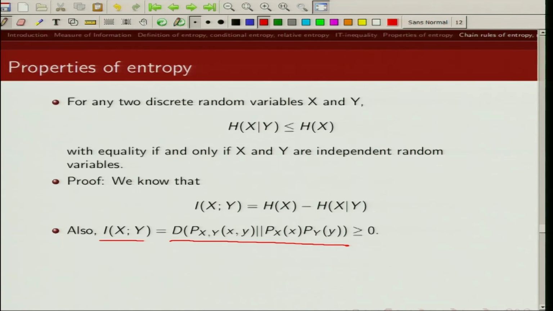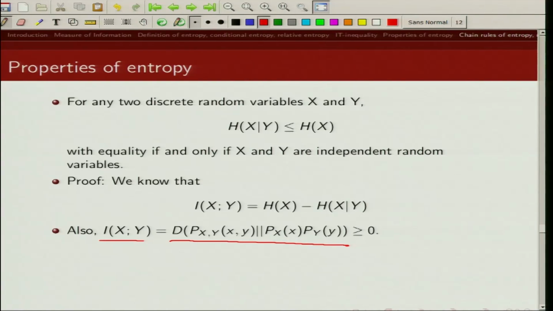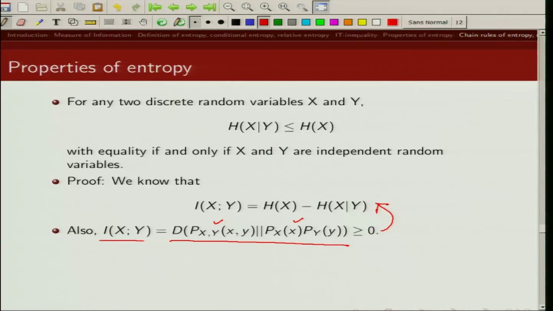And we have shown that divergence between two distributions p and q is always greater than or equal to 0. So using those results, mutual information is also greater than or equal to 0. Now we plug that in here, and we have proved that h of x is greater than or equal to h of x given y.